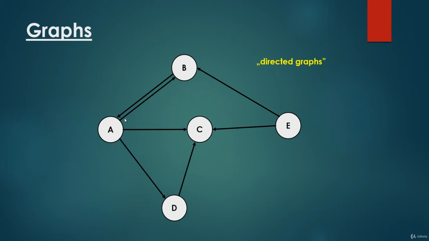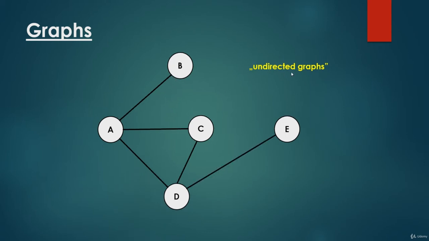And these connections are directed. We have a directed edge pointing from node A to node B. We have a directed edge pointing from node E to node C and in the direction of node B as well. So that's why as far as directed graphs are concerned, there are directed edges.